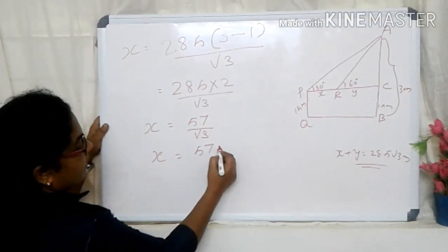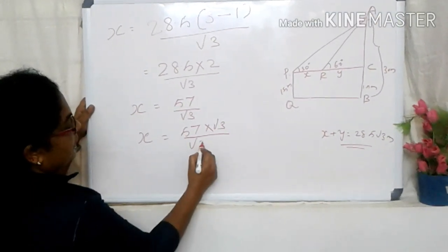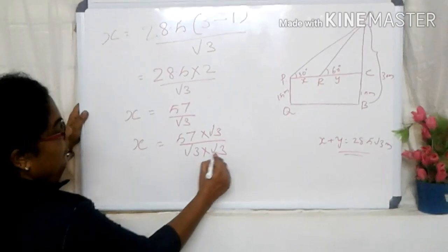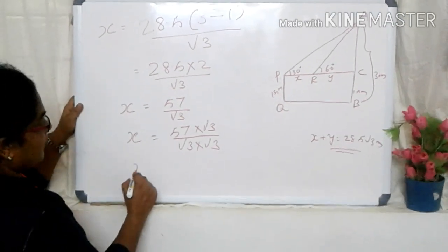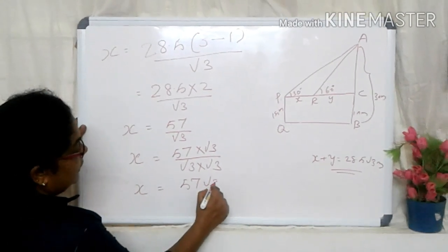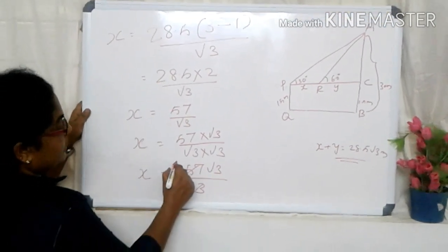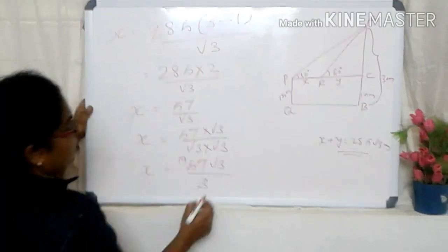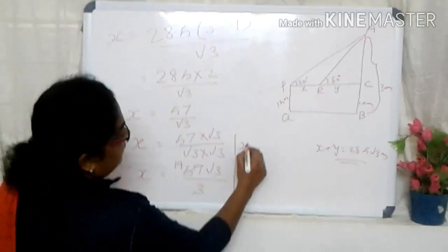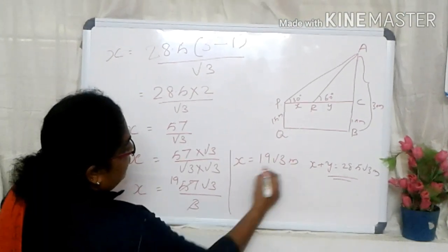So 57 into root 3 by root 3 into root 3. How much is root 3 into root 3? That is 3. Therefore x is equal to 57 root 3 by 3. This we can cancel. How much? 19. Therefore, the value of x equals 19 root 3 meters.